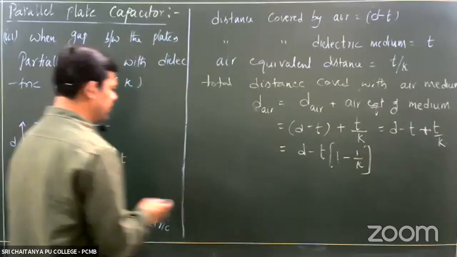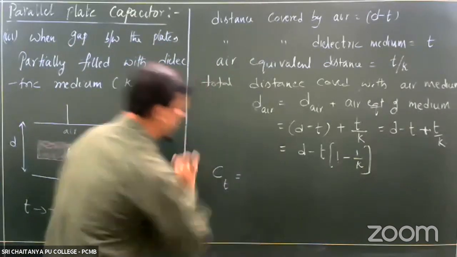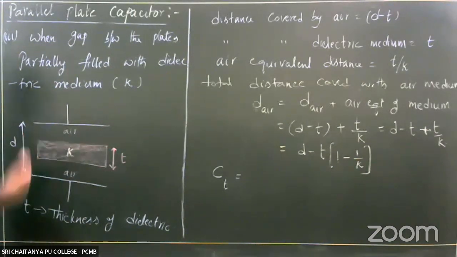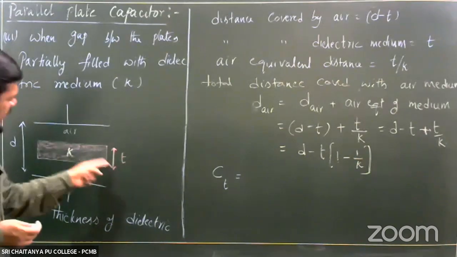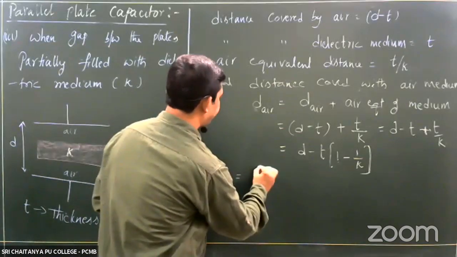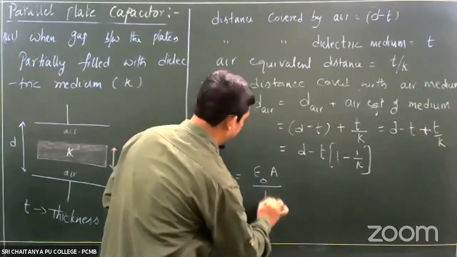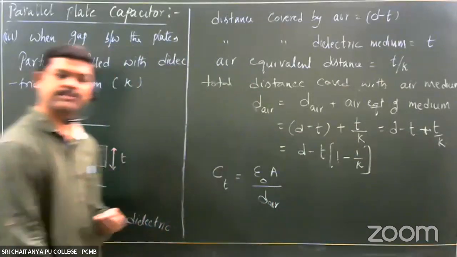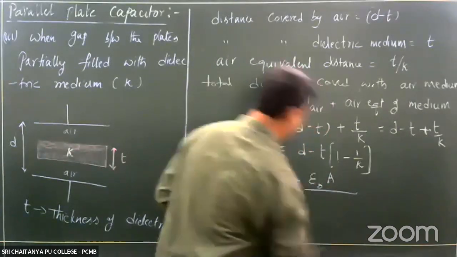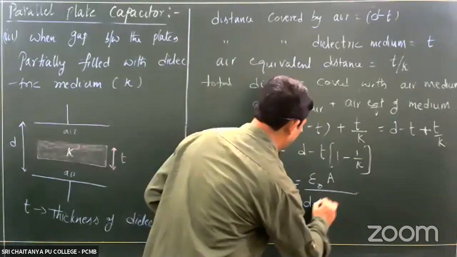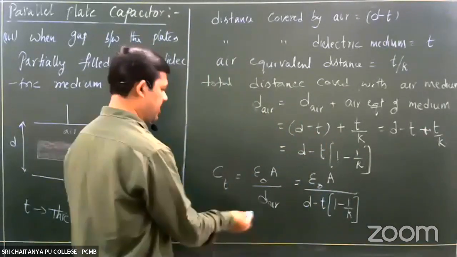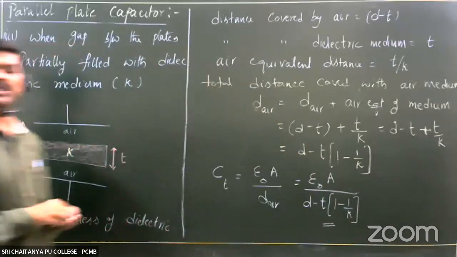Then what is the capacity now? The capacity of this capacitor when the gap is filled partially with this dielectric, I call it Ct. How much is it? Epsilon naught A by D of air, you can simply call it epsilon naught A by D minus T into 1 minus 1 by K. This is the capacity.